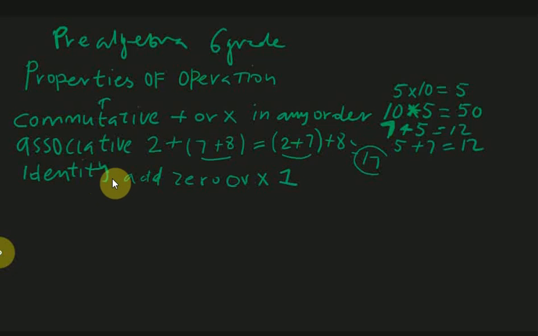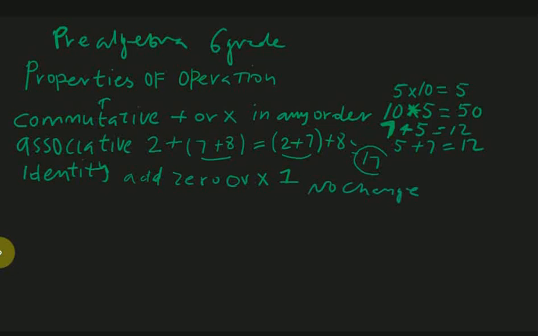What about the identity? Identity means 1 plus 0, no change. Or 12 plus 1 is 12, so no change. Basically it's no change.